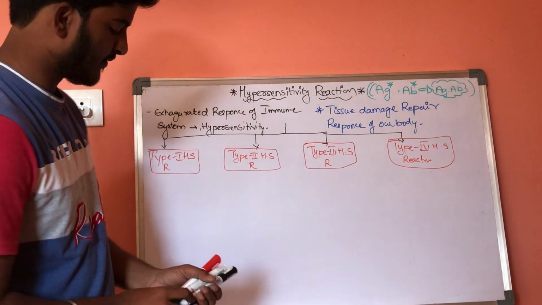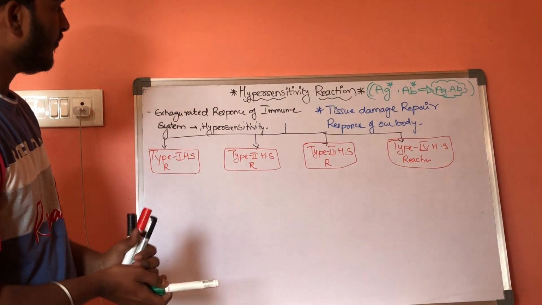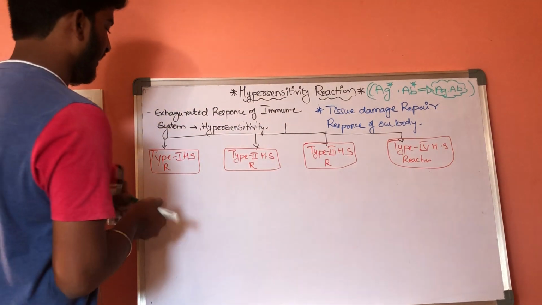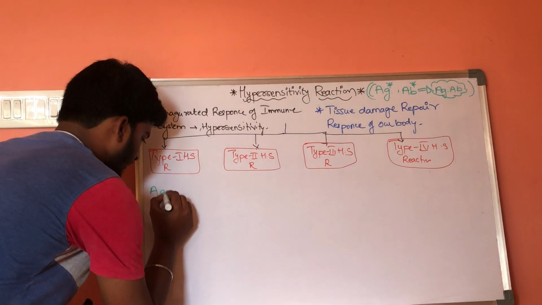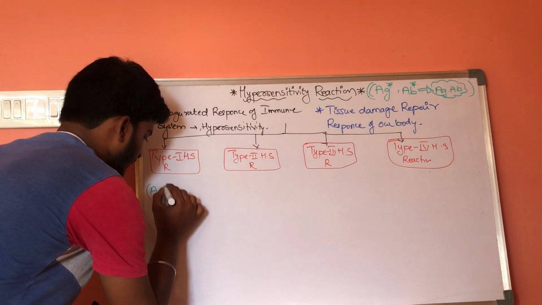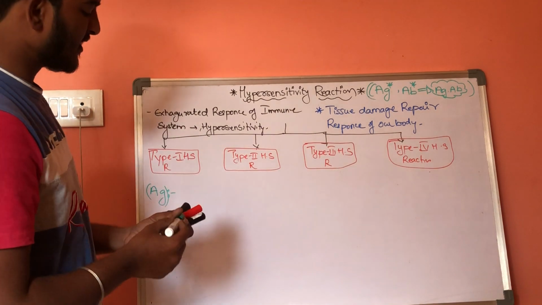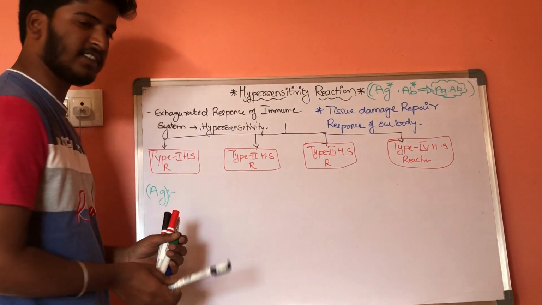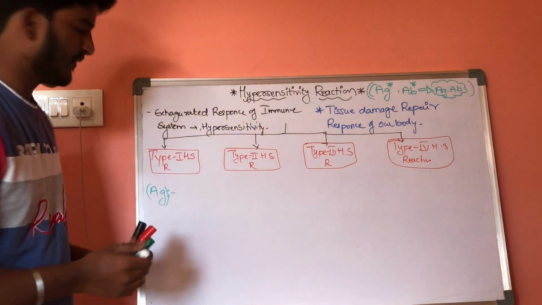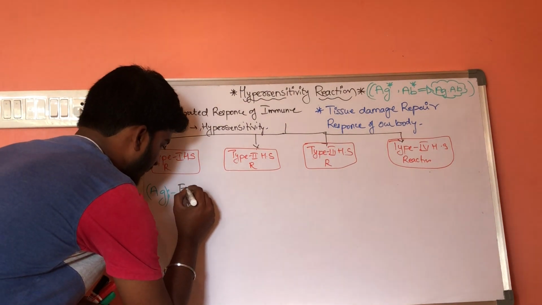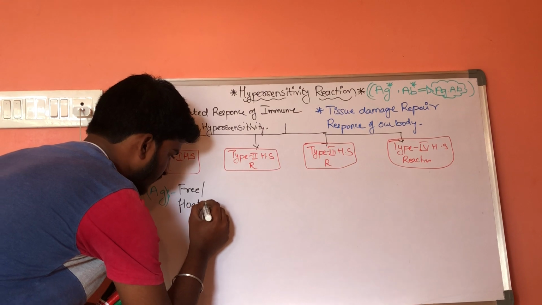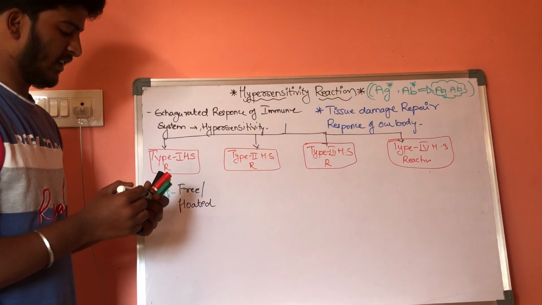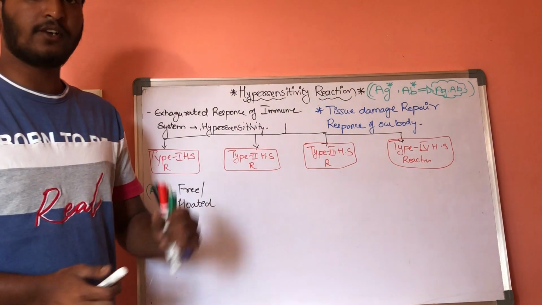and antibodies. Let us discuss type 1 hypersensitivity reactions, starting with the antigen. In type 1 hypersensitivity reactions, the antigen will be free, free and floating in the cytoplasm.